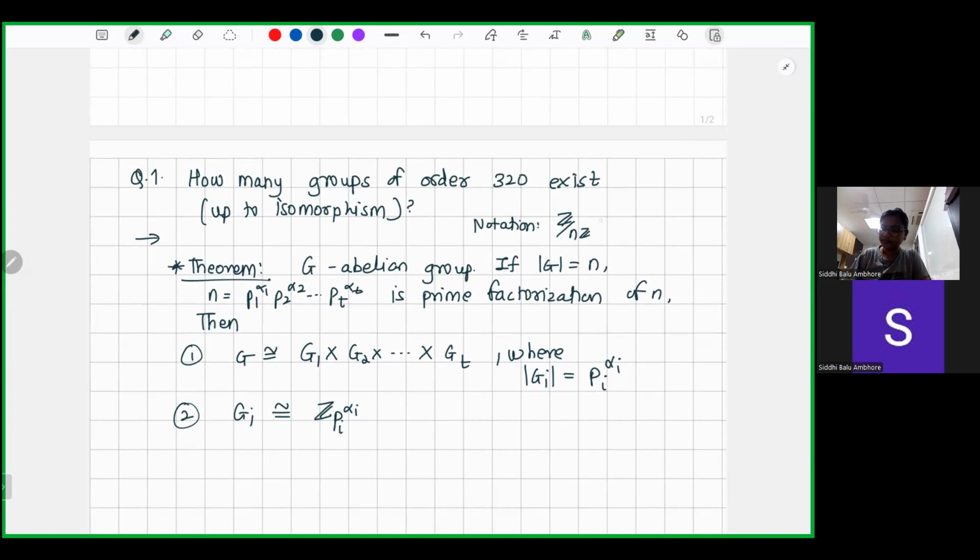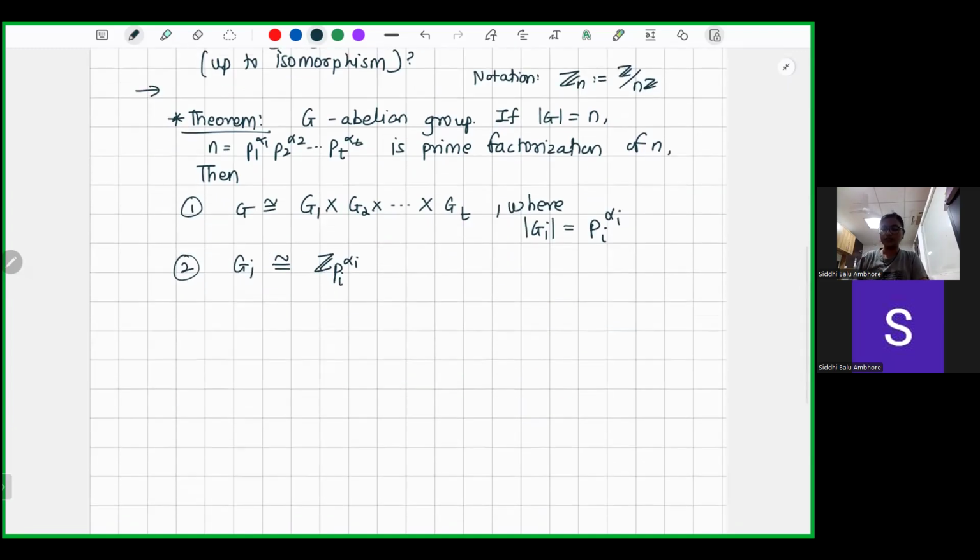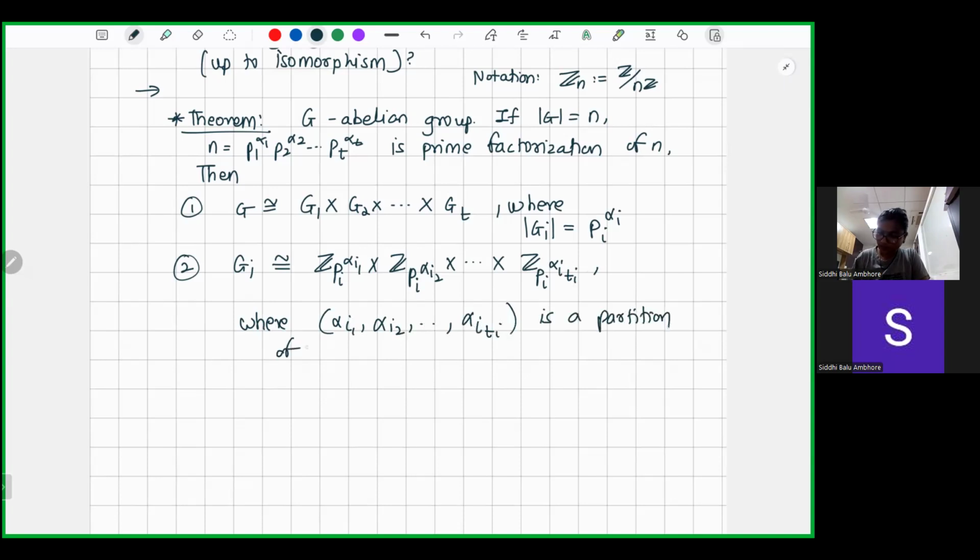So Gi is isomorphic to Z of pi power alpha i1, cross Z of pi power alpha i2, and so on up to Z of pi power alpha i ti, where, as we know, alpha i1, alpha i2, up to alpha i ti is a partition of alpha i.